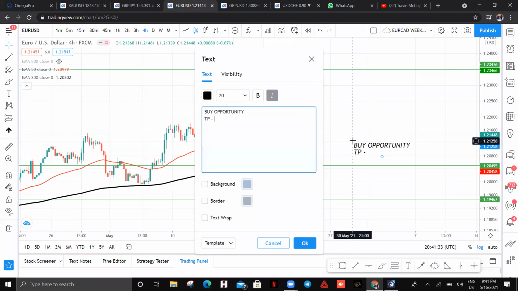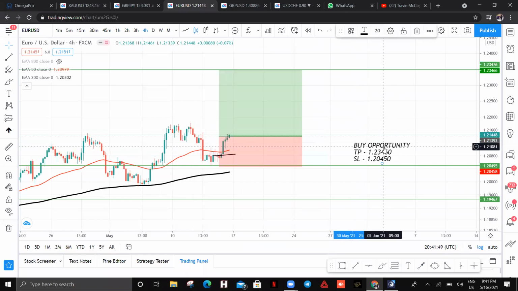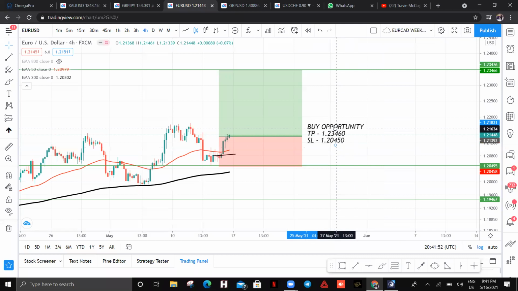TP 1.23460. SL 1.20450. Okay, that is for this.